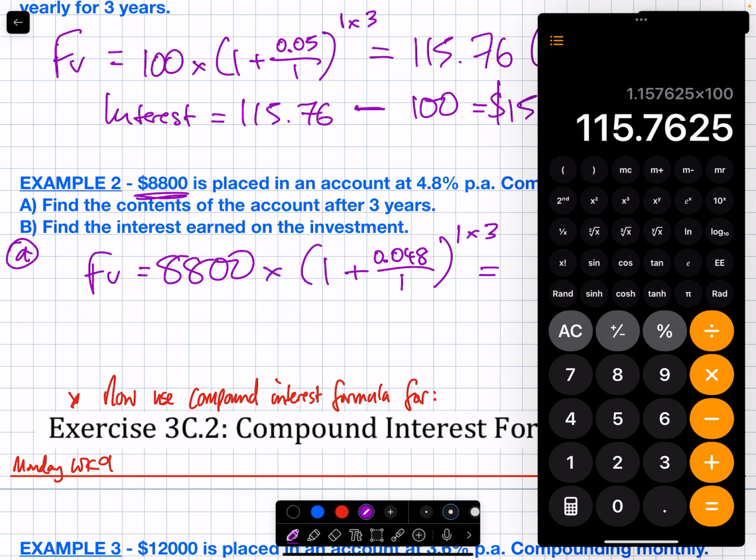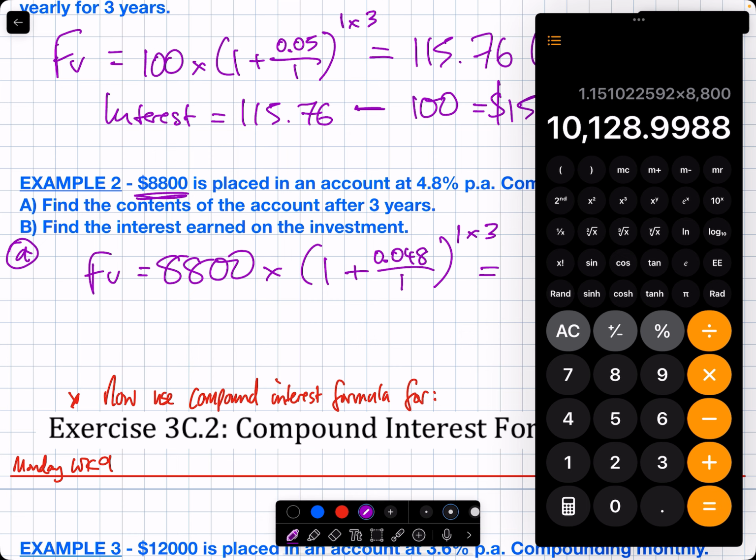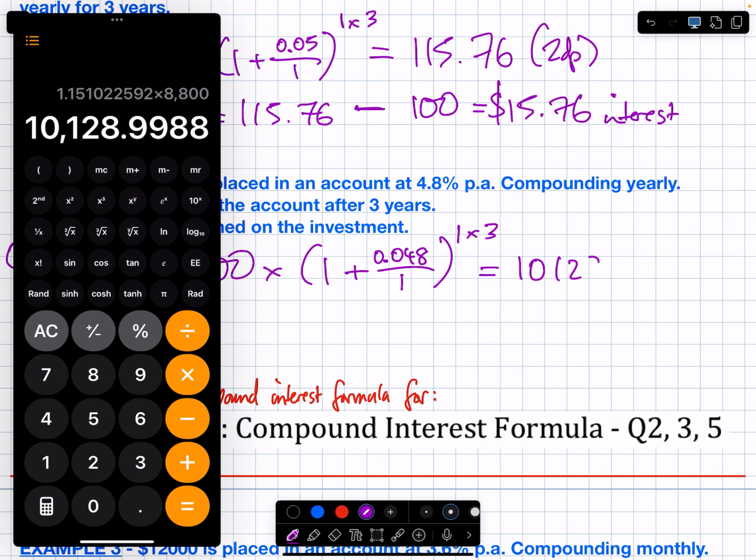BEDMAS. 0.048 divided by 1 plus 1 to the power of 3 times it by 8,800. That tells me it's going to grow to $10,128. Oh, that's going to round to $129 to 2 decimal points.